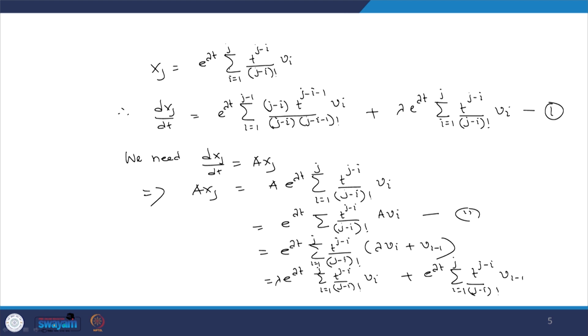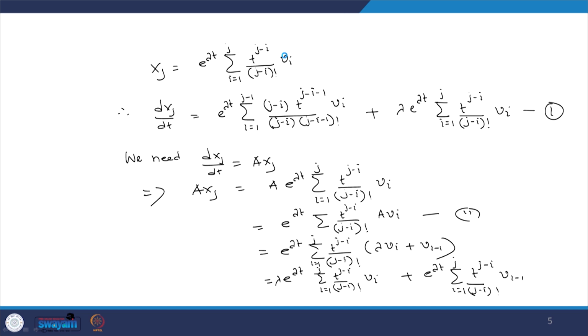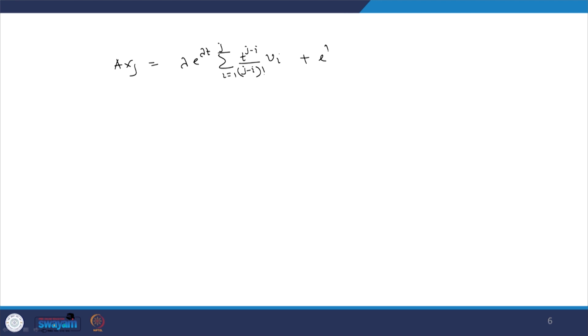So, A xj equals lambda e to the power lambda t sum from i equal to 1 to j of t to the power j minus i by (j minus i) factorial and Vi, plus e to the power lambda t into the sum from i equal to 1 to j of t to the power j minus i by (j minus i) factorial and Vi minus 1.